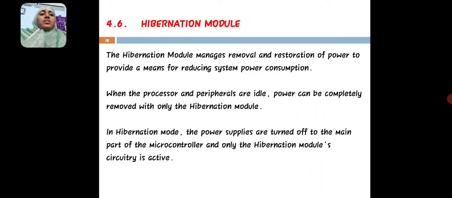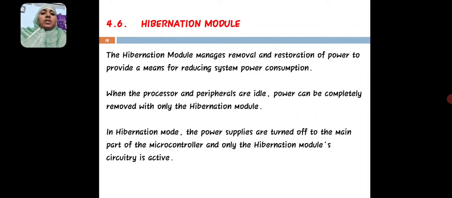It is a very important system peripheral in the TM123 and TM4C129. The hibernation module is mainly used to reduce power consumption. The hibernation module manages removal and restoration of power to provide a means for reducing system power consumption.